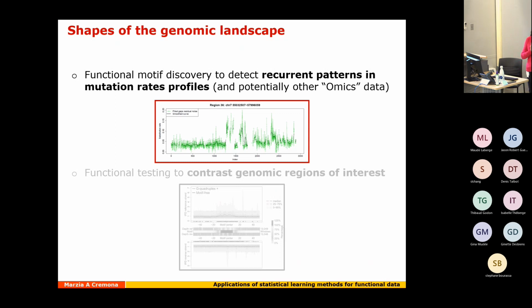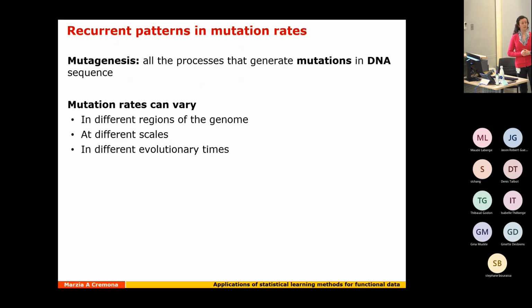That is the clustering methodology that I was telling you about before, exactly the same. From a more biological point of view, here we want to study mutagenesis. So we know that mutations are not exactly the same everywhere. Mutation rates can vary in different regions of the genome. They can vary at different scales, also at different evolutionary times.